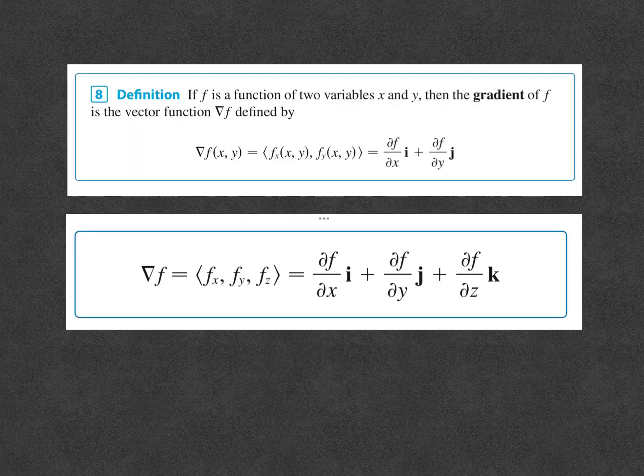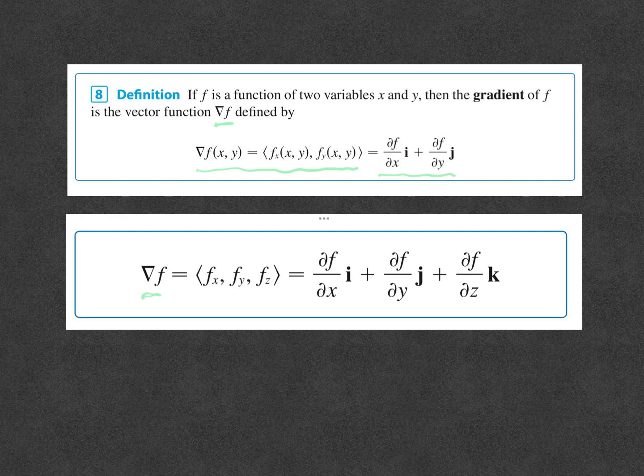So here you can see the book definition. If f is a function of 2 variables, x and y, then the gradient is the vector function, gradient of f, defined as, here we talked about it, the vector where the first component is your partial with respect to x, the second component is your partial with respect to y. It can also be written using partial derivatives and i, j notation.